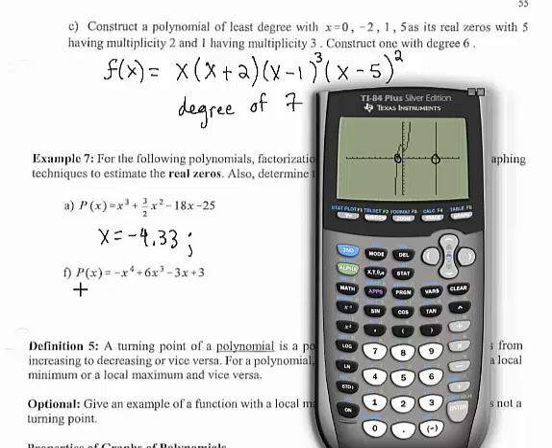So what is the degree of p of x? Degree is 4. So that means that we have at most 4 zeros.